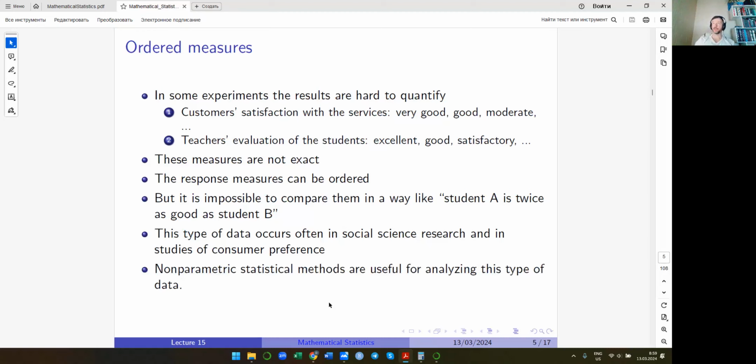And for this particular type of data, we have to use non-parametric statistical methods, because these variables are not usual variables. In many cases, they are not continuous. And so everything that we have discussed before is not very applicable to such variables.